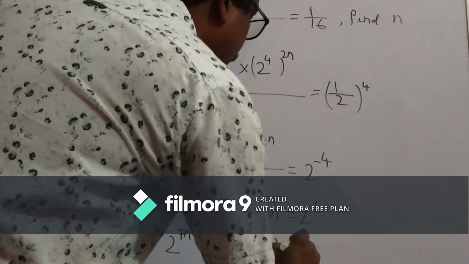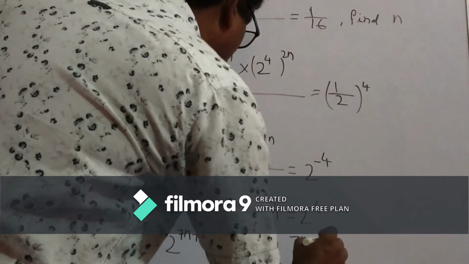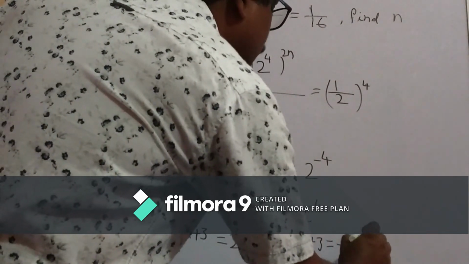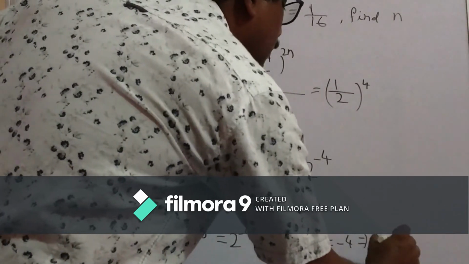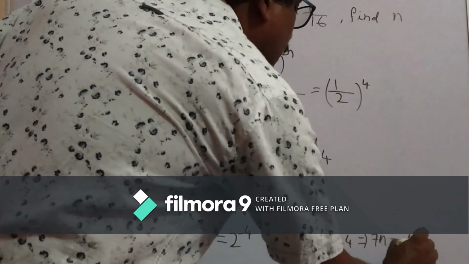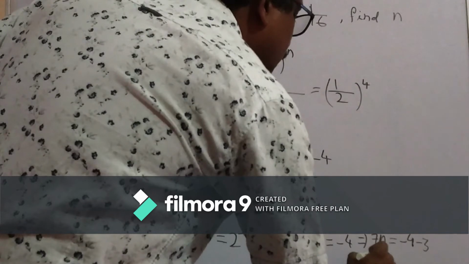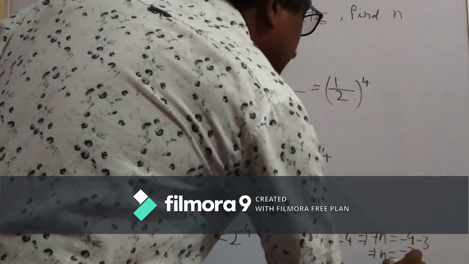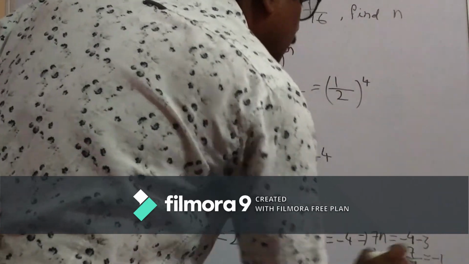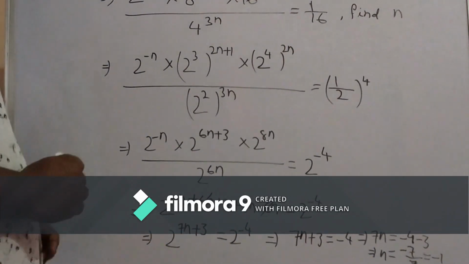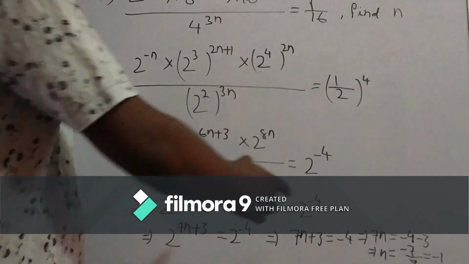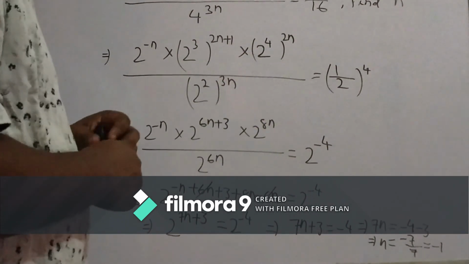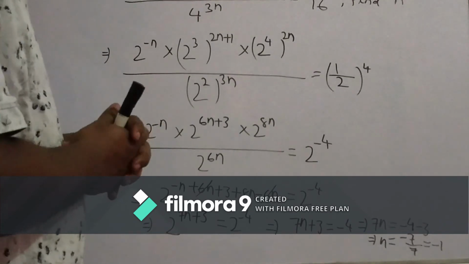So 7n plus 3 is equal to minus 4, implies 7n is equal to minus 4 minus 3, implies n is equal to minus 7 by 7 is equal to minus 1. Answer. Understood? You understand? Write it. n is equal to minus 7 by 7 is equal to minus 1.